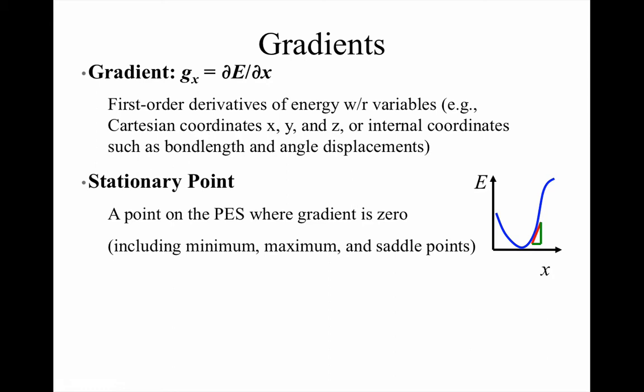Such points here where the gradient is equal to 0 are called stationary points, and these include both the minimum, the maximum, and also the saddle points. So it becomes very important for us to be able to search on the potential energy surface and to locate those points where the gradient is equal to 0.